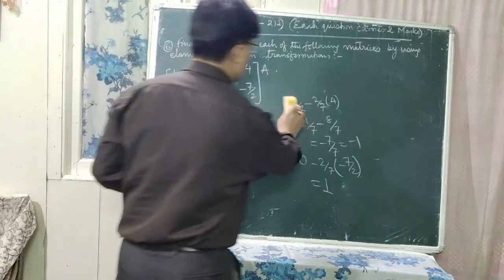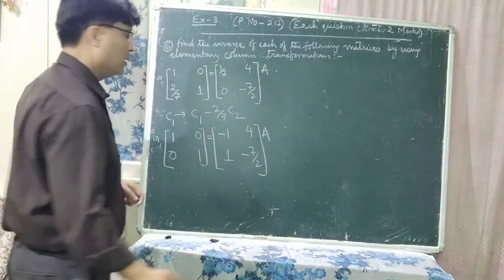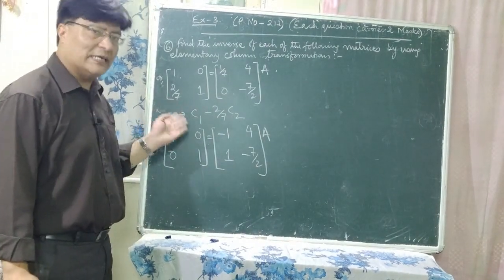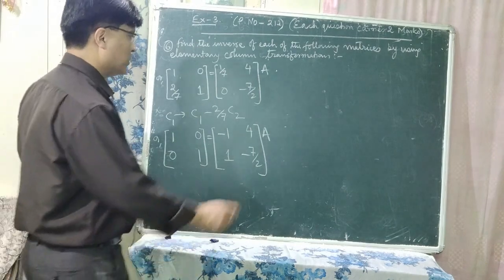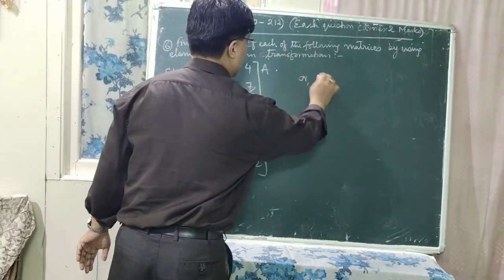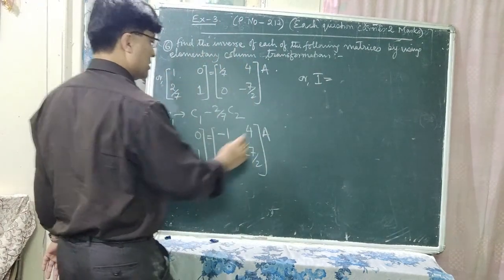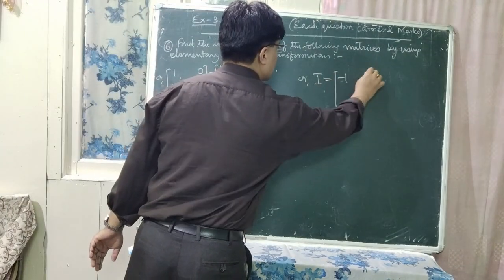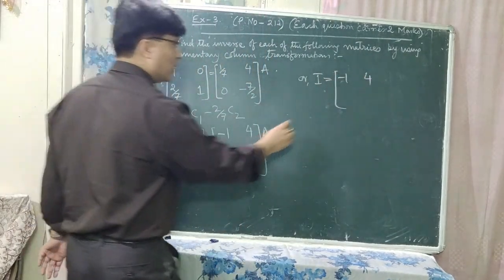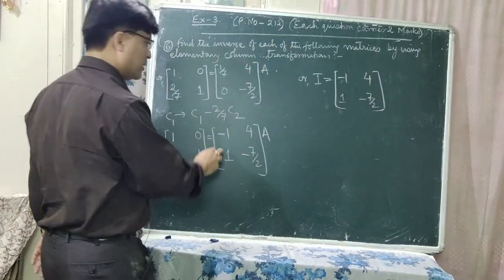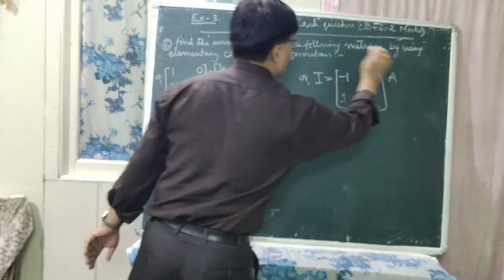So I think you have understood it. So we have converted this left hand matrix into identity matrix. So I is equal to minus 1, 4, then 1, minus 7 by 2, then this is A.